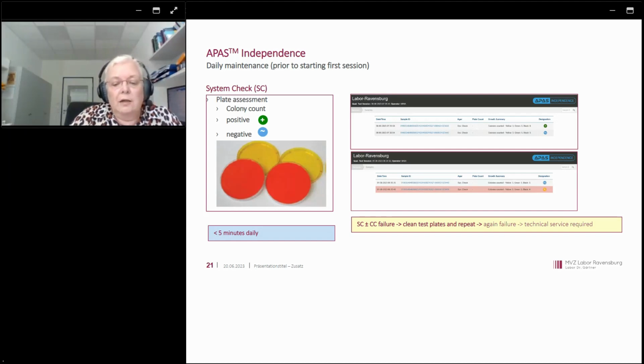And both checks need less than 5 minutes daily, and errors in the color check are extremely rare. I can remember only once in our laboratory. The system check fails sometimes, but if you clean the plates and make it again, most often it runs properly.